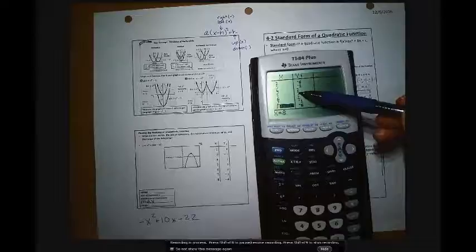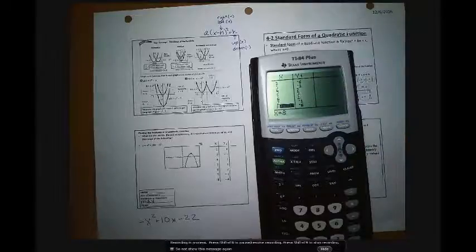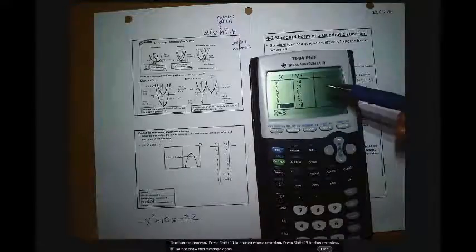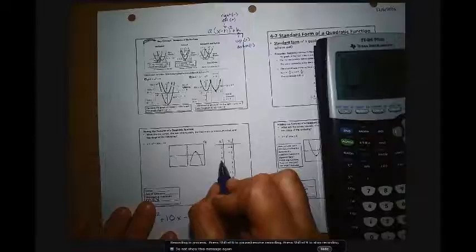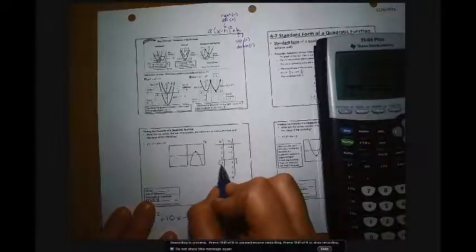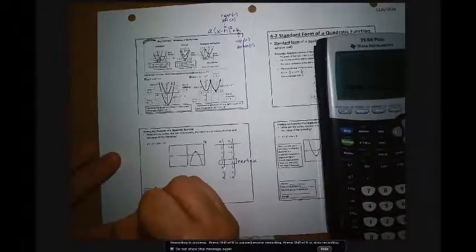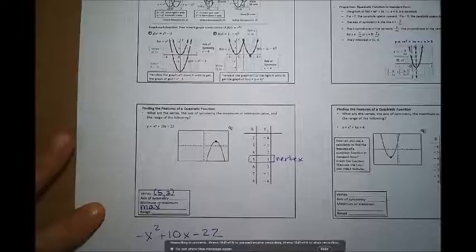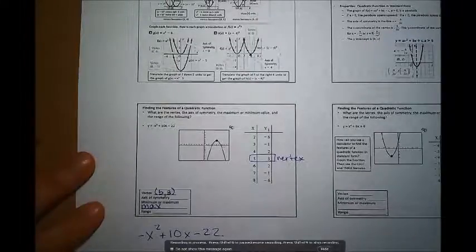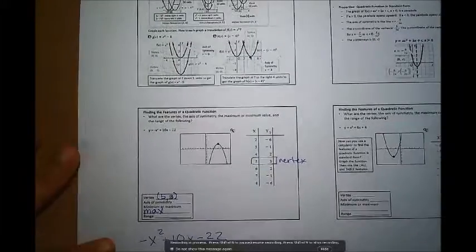So our vertex is right here at 5, 3, which we can write down here as 5, 3. Next, it asks us for the axis of symmetry.